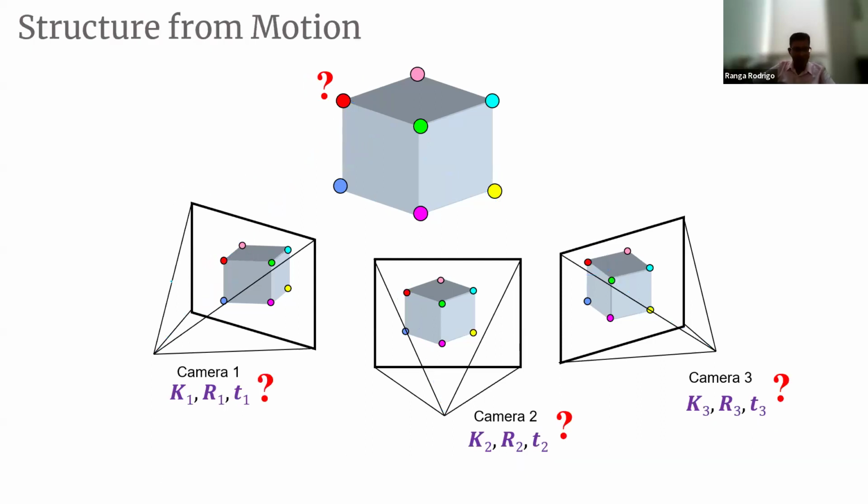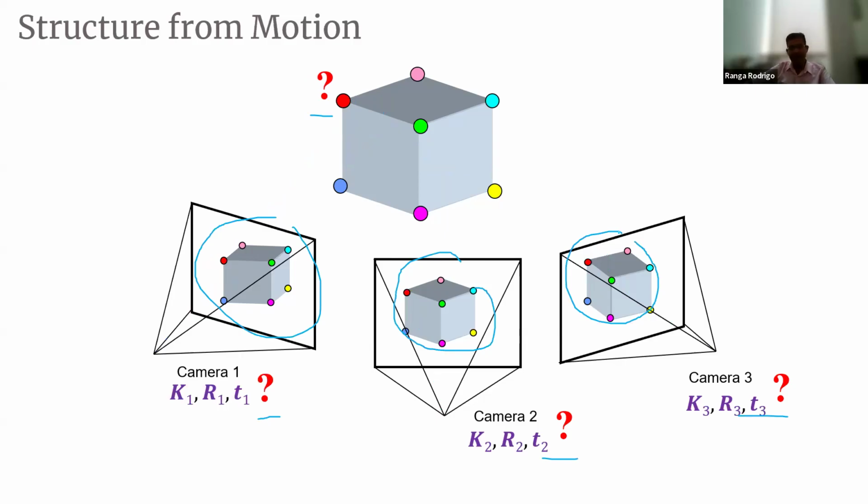What is structure from motion? When both of these are not known, we don't know the camera parameters and we do not know the 3D points, the only thing we know is that these points are matching points. Of course, we can get point matches by running a SIFT feature matcher, or in modern settings, you can run SuperGlue or something.